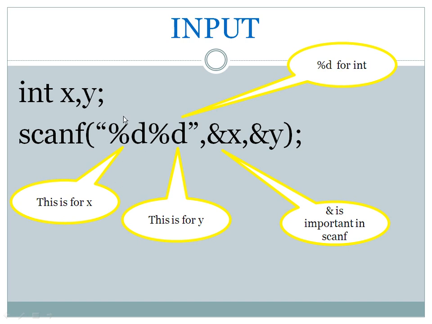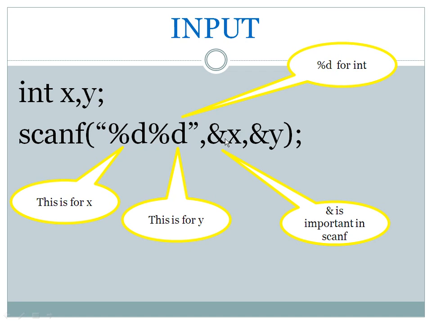The first %d is for x and the second %d is for y. Whenever we want to take input from the keyboard, we have to use ampersand with the variable.